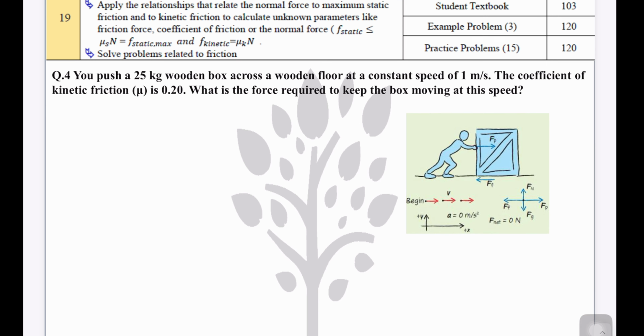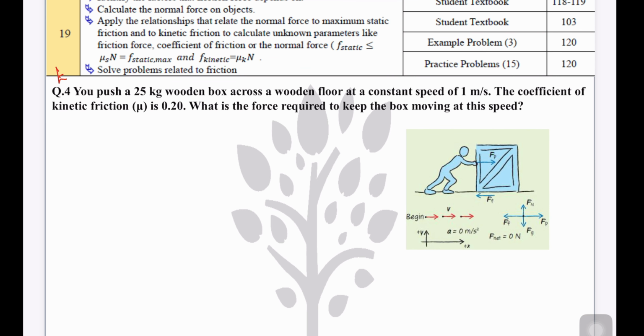Now we have the last question, and my expectation is this will come in your exam. High chance, very high chance. Read the question. All the 4 directions are given. F net is 0. It means all forces are balanced. Acceleration is 0.